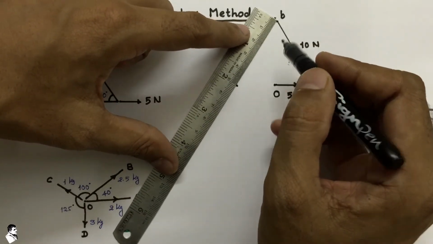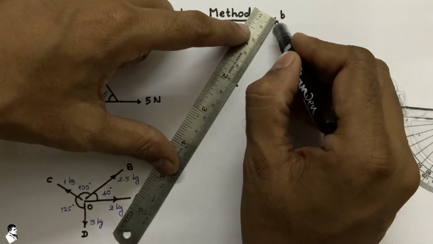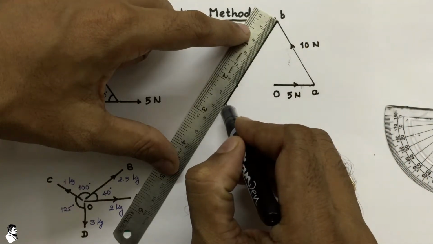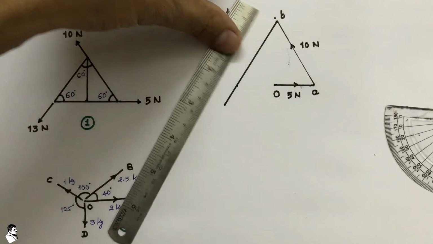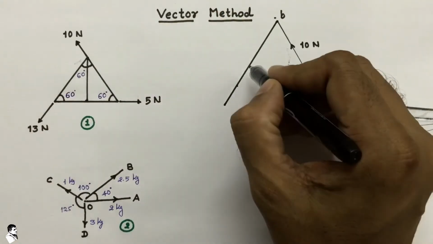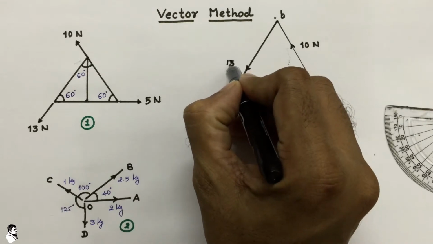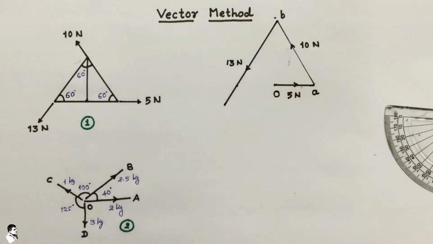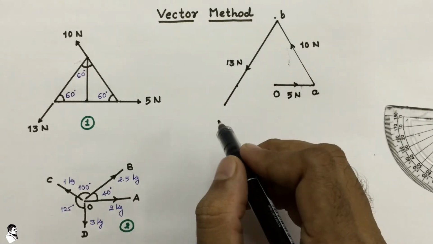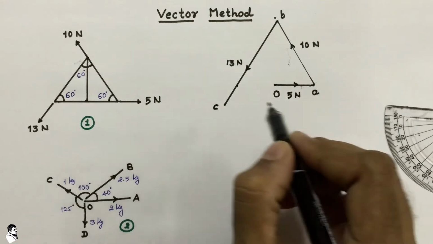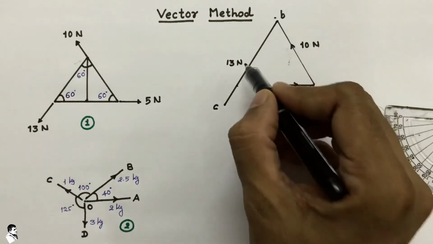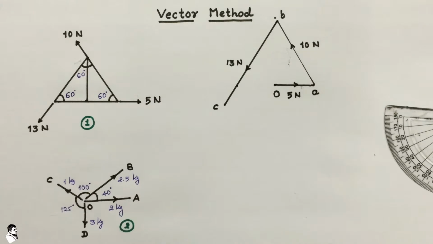So for the 13 Newton we go with 6.5 as a length. So this is our 13 Newton force. Now this is our last point C. So we represent the three forces that are given in our force system.